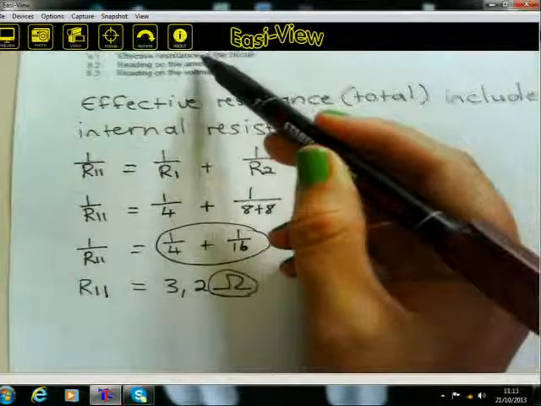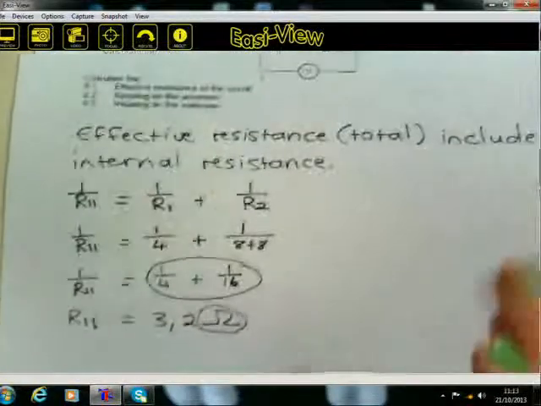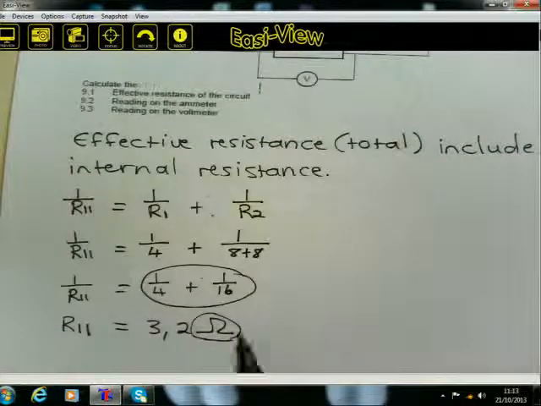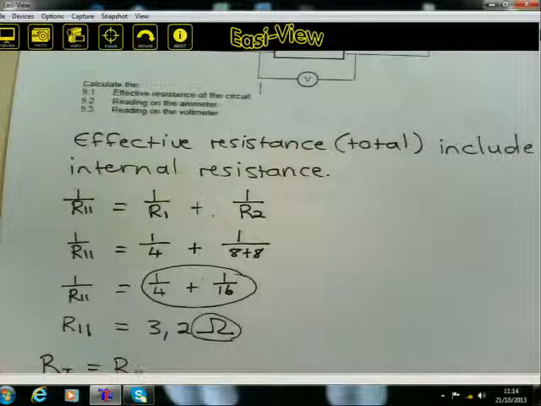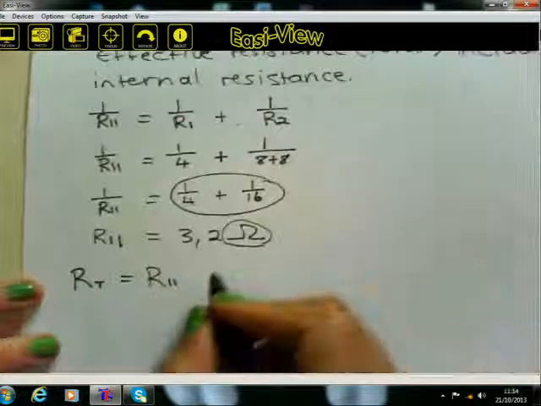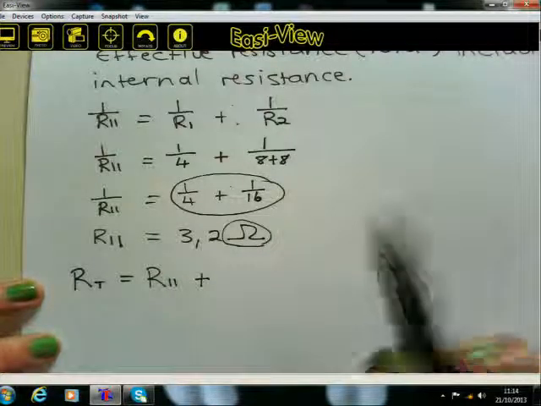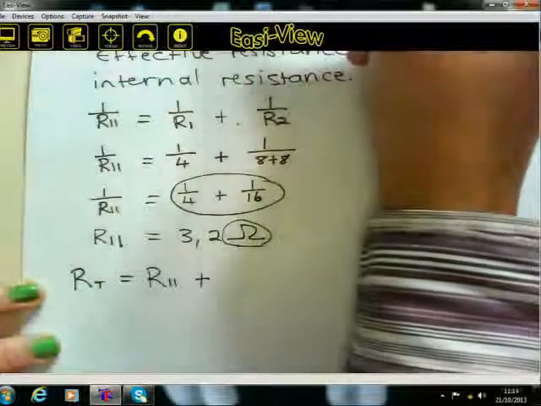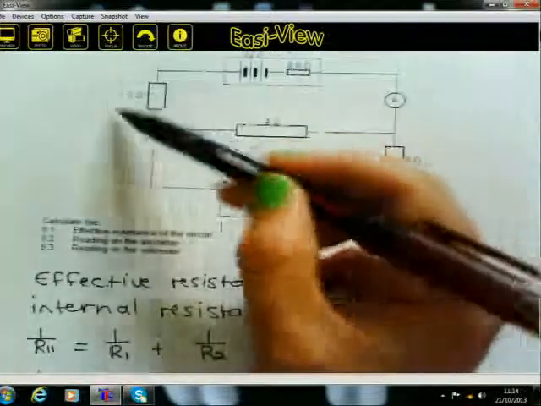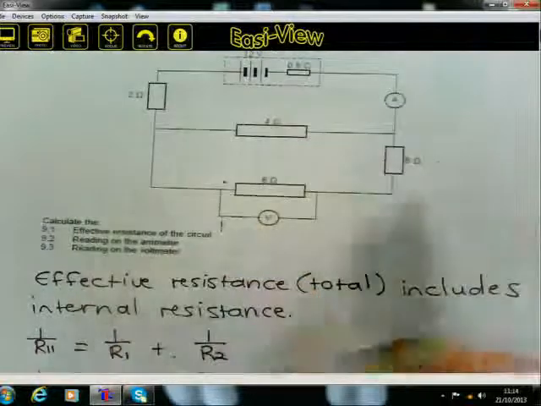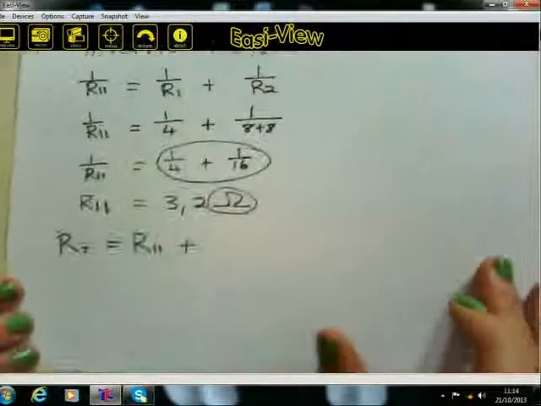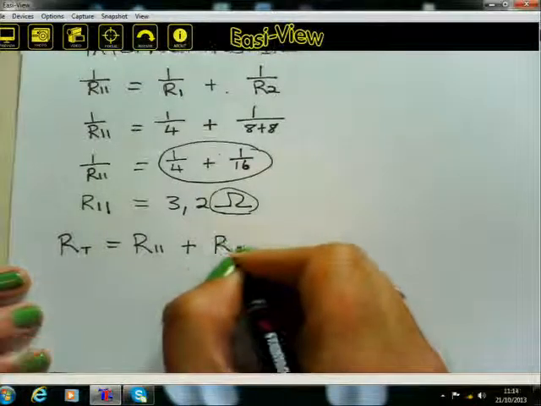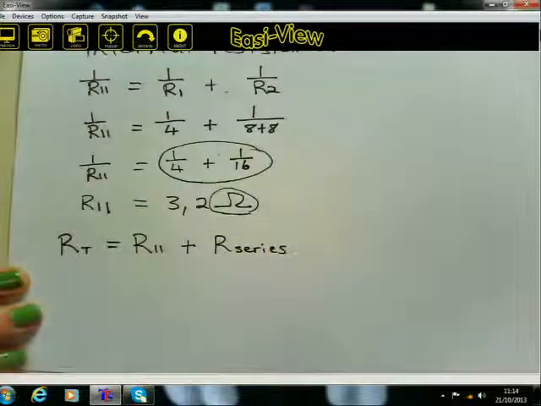Okay, but we're not done yet. We don't have the effective resistance of the whole circuit. We only have the parallel part now. So if we want the effective resistance, R total is equal to R parallel plus, and remember this one is in series with this whole parallel part, the R series resistor.